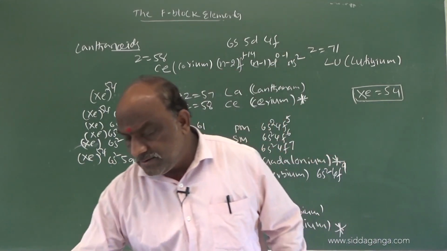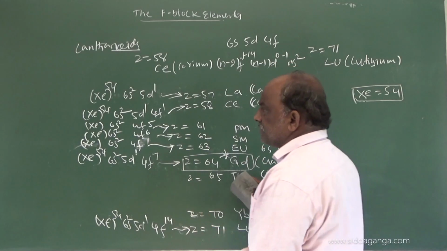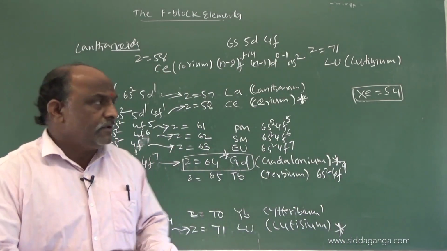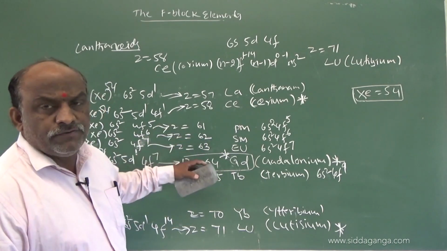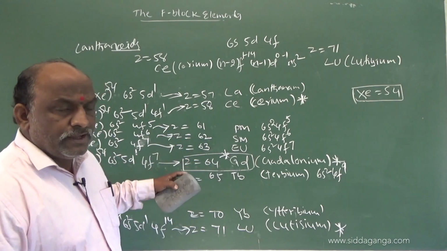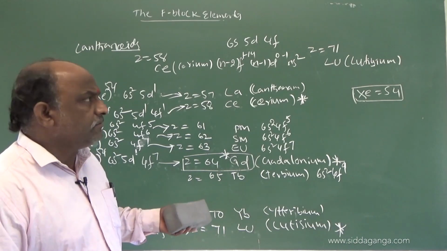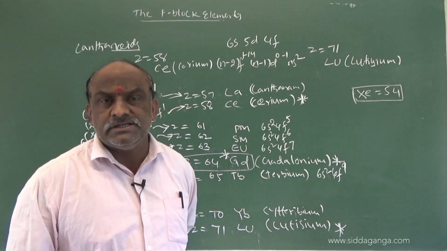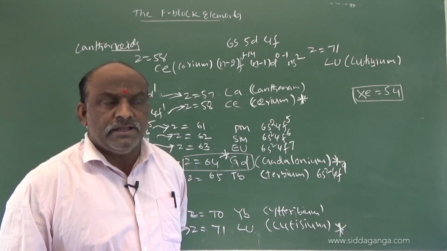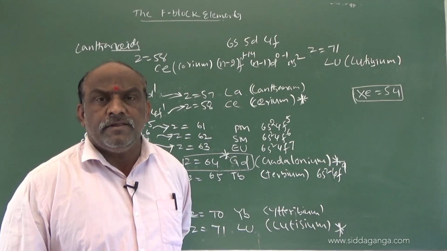Now we will discuss some properties of the lanthanides. Before starting, we require these electronic configurations to express the properties. What are the properties? Generally, first is oxidation states, then atomic radii, ionic radii, and ionization potentials.